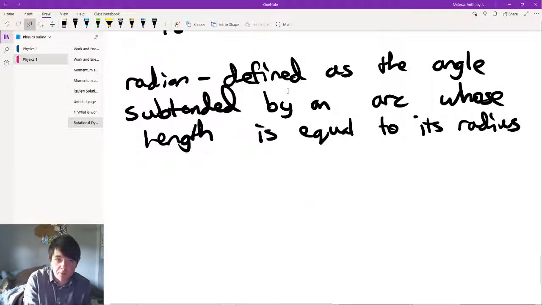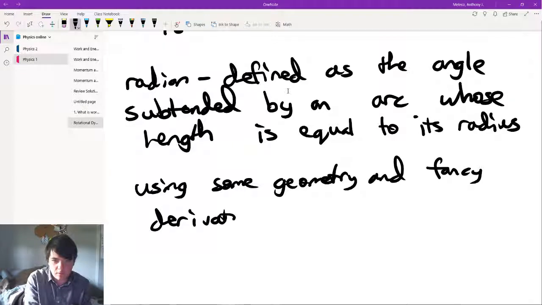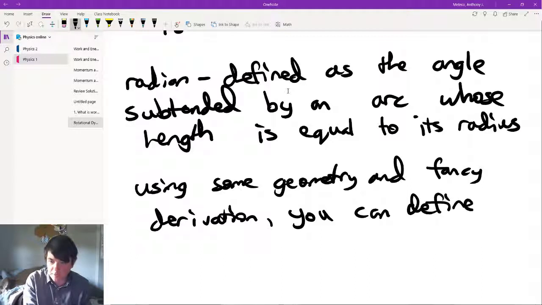If you use geometry and a derivation, it's not that fancy, but I'm not going to do it in this lecture. I believe your book has it.